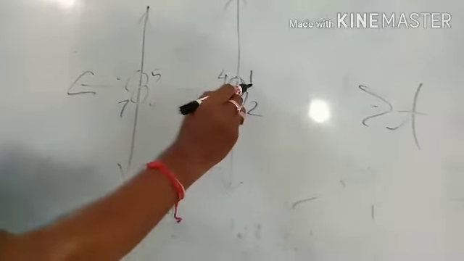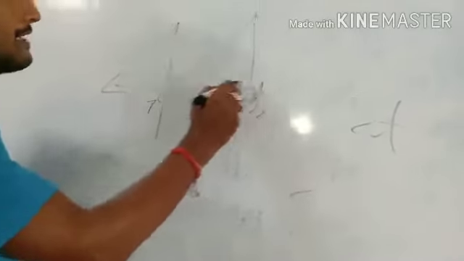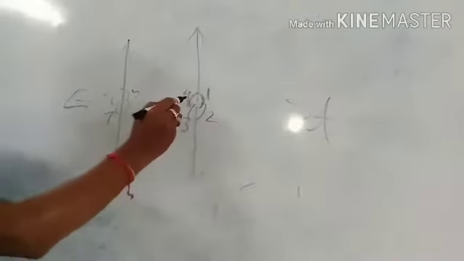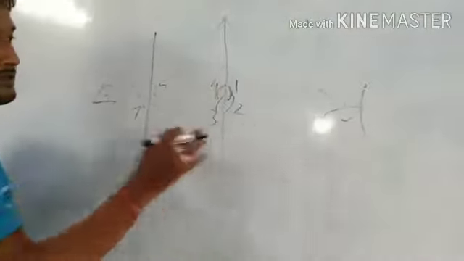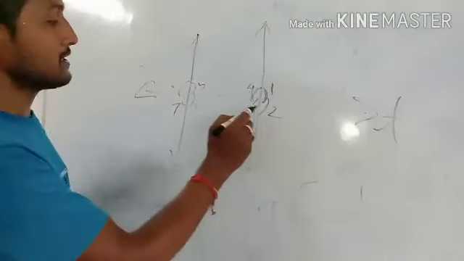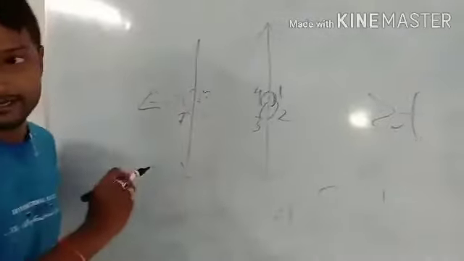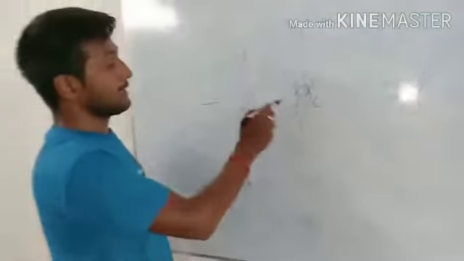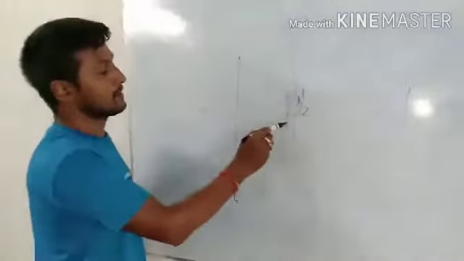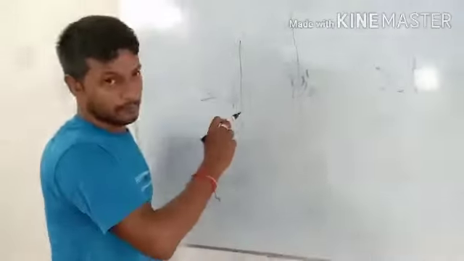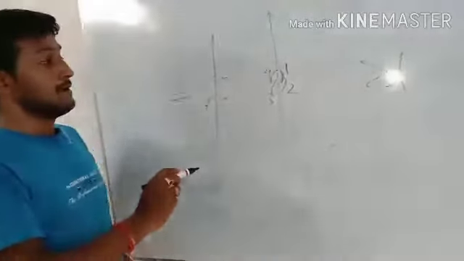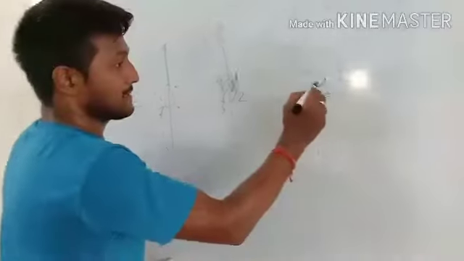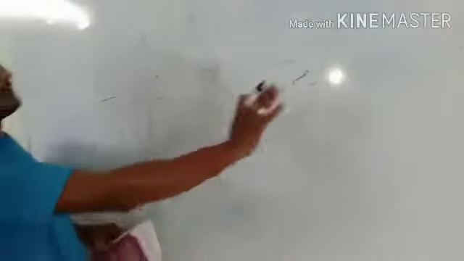In this case, the corresponding angle of 1 is 5, of 4 is 8. You have to set it this way, because the transversal is in this way. The corresponding angle of 2 is 6, of 3 is 7. Here the alternate interior angle of 3 is 5, and of 6 is 4. So if you draw the transversal like this, then you have to set it this way.